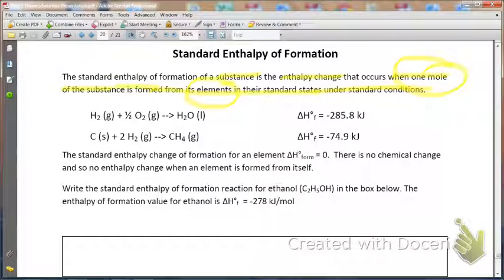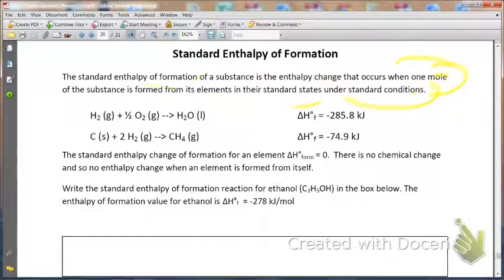So we basically create a compound from its elements, and those elements have to be in their standard states under standard conditions. And we already talked about the standard conditions in the previous lecture video. Alright?